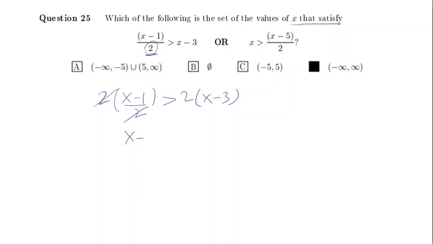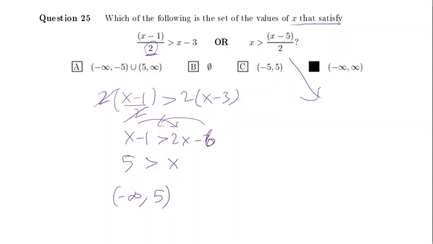So this is x minus 1 less than 2x minus 3, 6. And send it to the side. It will be 2x minus x. So send this one to this side. It's 5. So x is less than 5, which means minus infinity to 5, and 5 is not included.